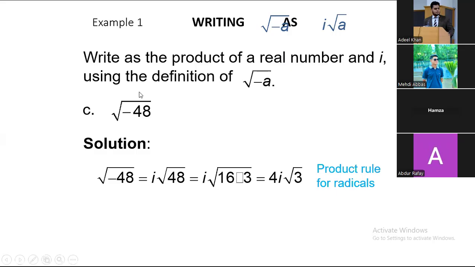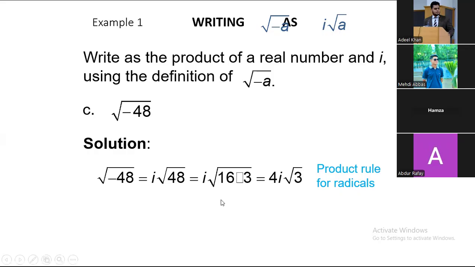Another, third example with square root of minus a is the third question, square root of minus 48. We all know that this is iota square root of 48. Taking the factors, 48 is 16 into 3.